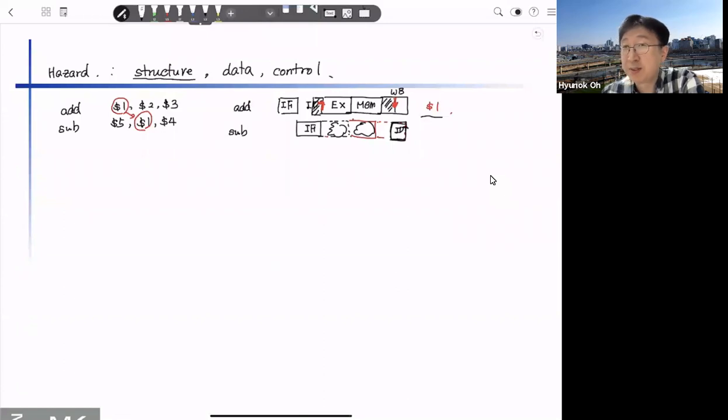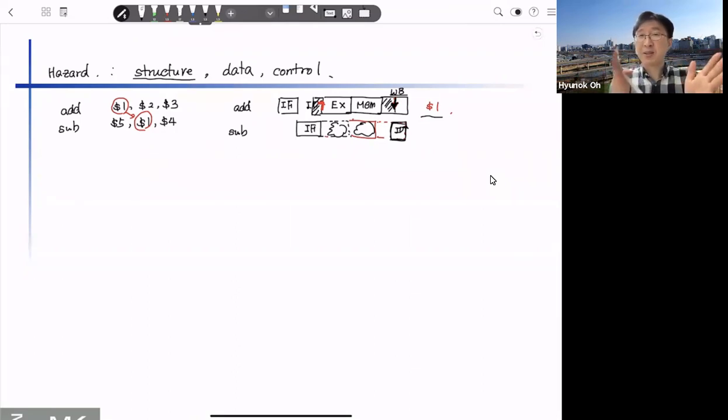Okay, and next here, we are assuming that the instruction decode is reading data at this moment. So we don't need a bubble, right? Because write back is already updating the data at the falling edge. Okay, so if the write back were completed at the rising edge, then maybe we would need 3 bubbles, 3 cycles. But here, we are assuming that write back occurs a little bit earlier.